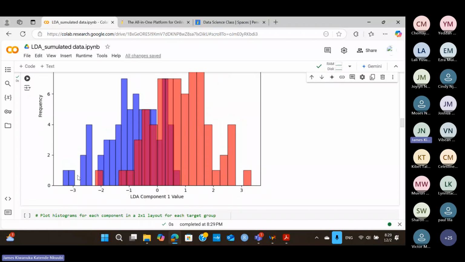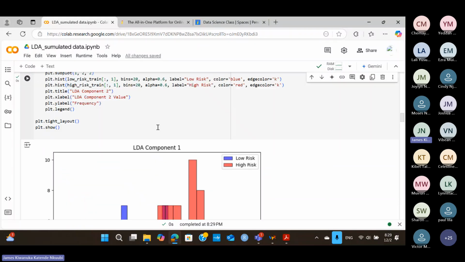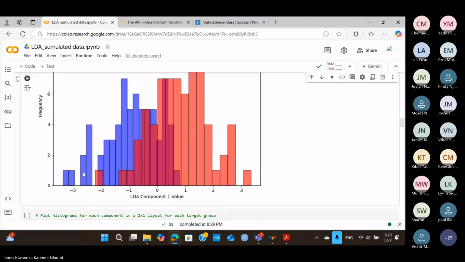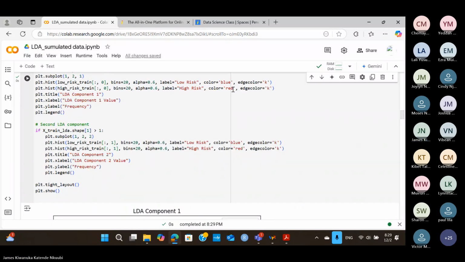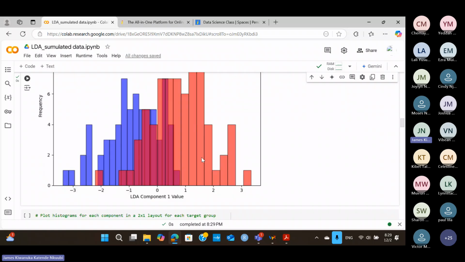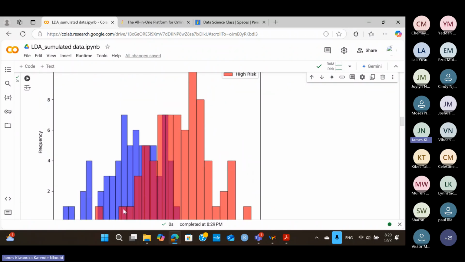You can see that the blue represents what? Low risk is blue. So the low risk have lower values on the first component. They're mostly this blue. And the other color is red, so the red one is the high risk.